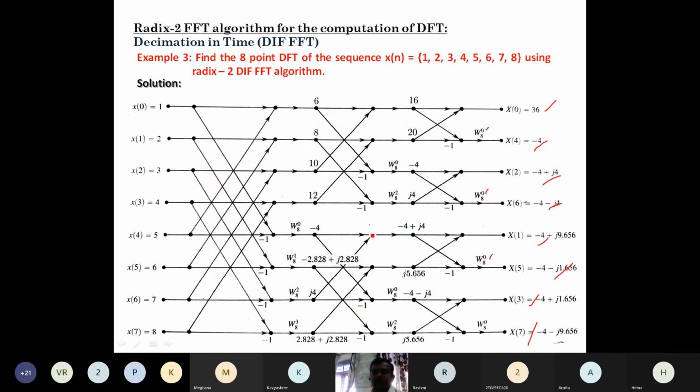Okay, so this is the overall calculation of the 8 point DFT.